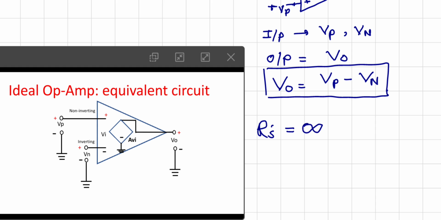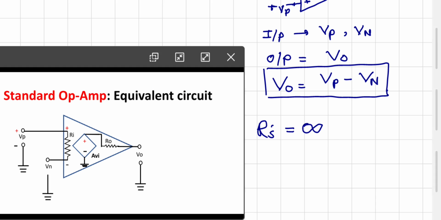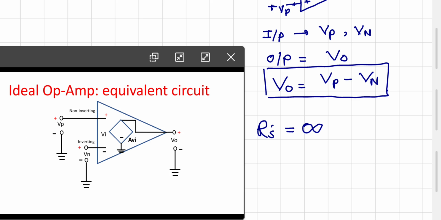So input impedance is infinite in the case of an ideal operational amplifier. Similarly, in the earlier case we showed Ro, the output resistance, by a resistance symbol, but in the ideal case a wire is directly connected and no resistance is shown. So we can say Ro is 0. These are the most important characteristics for any amplifier: its input impedance is infinite and output impedance is 0.